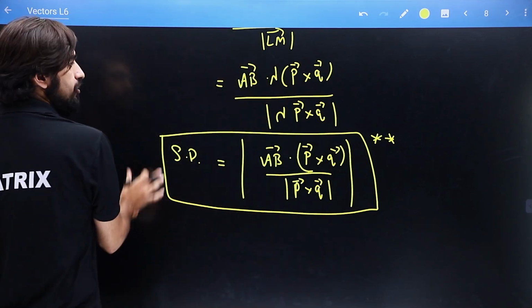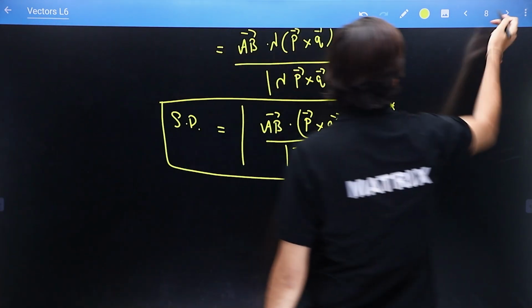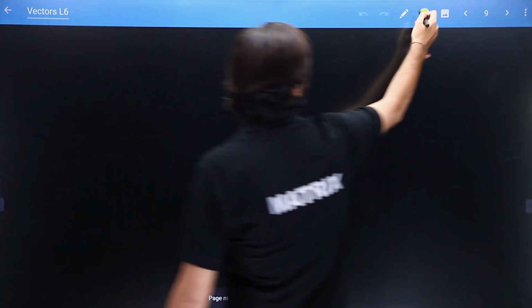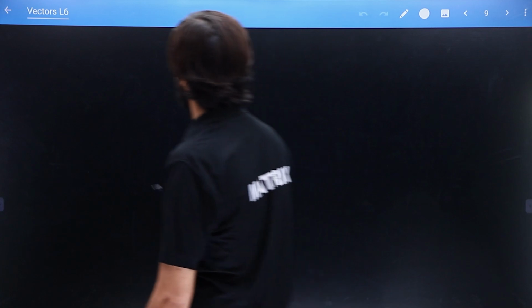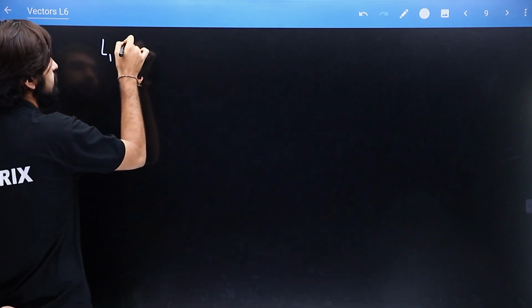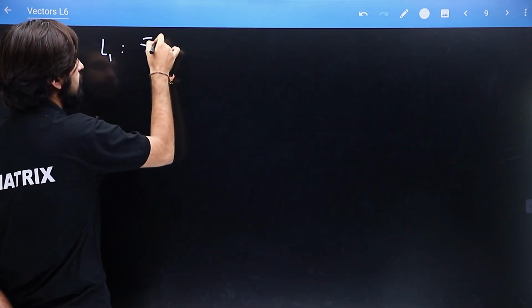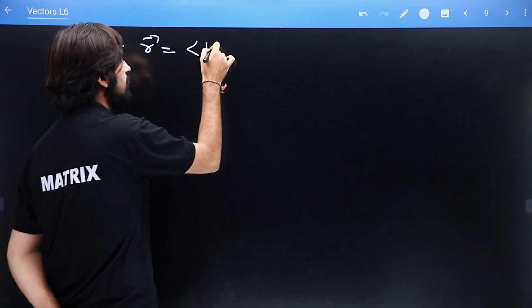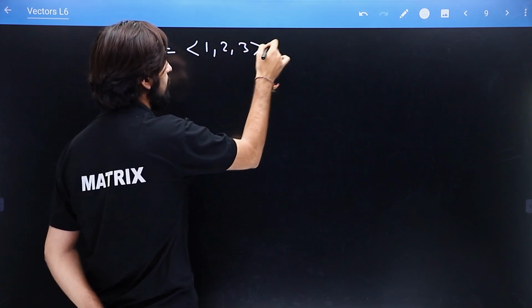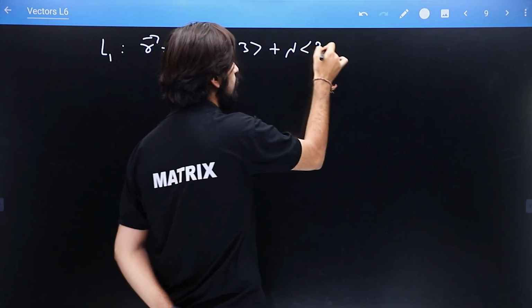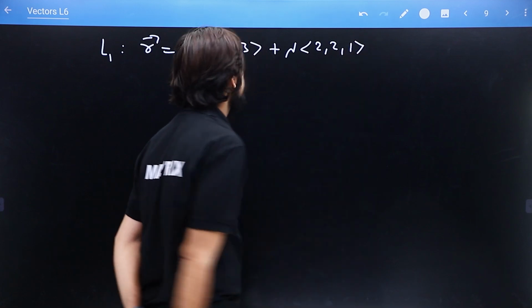Got it? So let's see if we have any question. Let's assume there are two lines. L1: vector R is (1, 2, 3) plus lambda times (2, 2, 1).